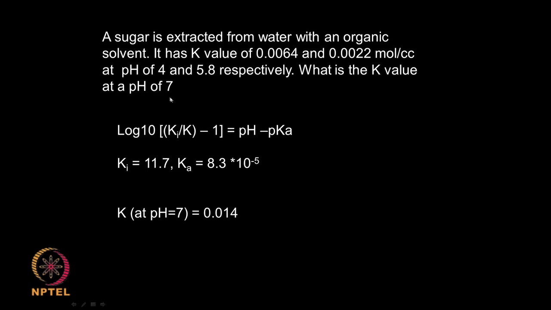And then I use them, and for a pH of 7 I will find out what the K value will be. You understand. From this equation, I know at a pH of 4 the K value is something, and at a pH of 5.8 the K value is something. So, I get two equations, I solve them, I calculate the pKa, then I calculate Ki.